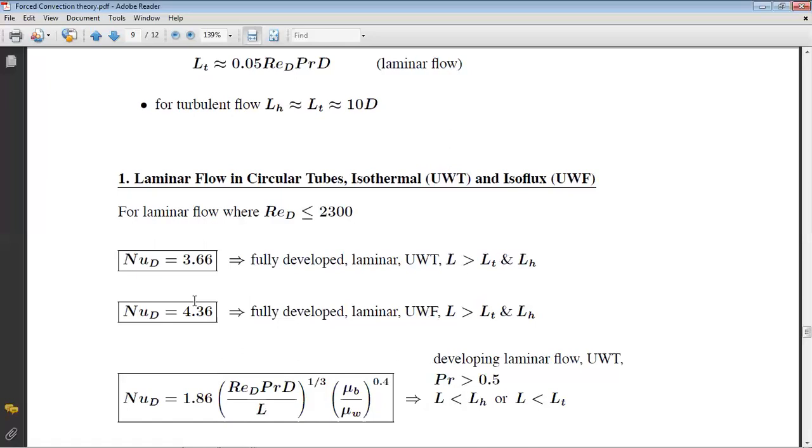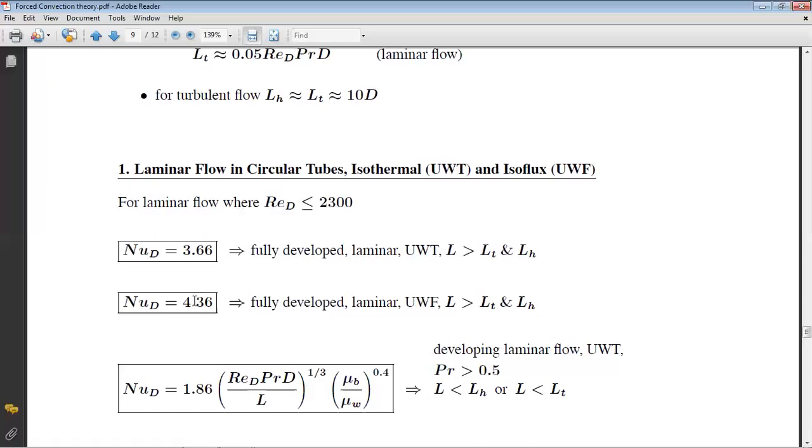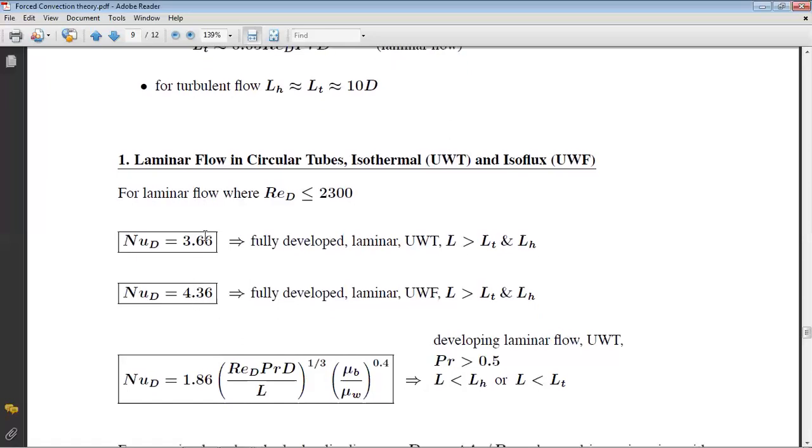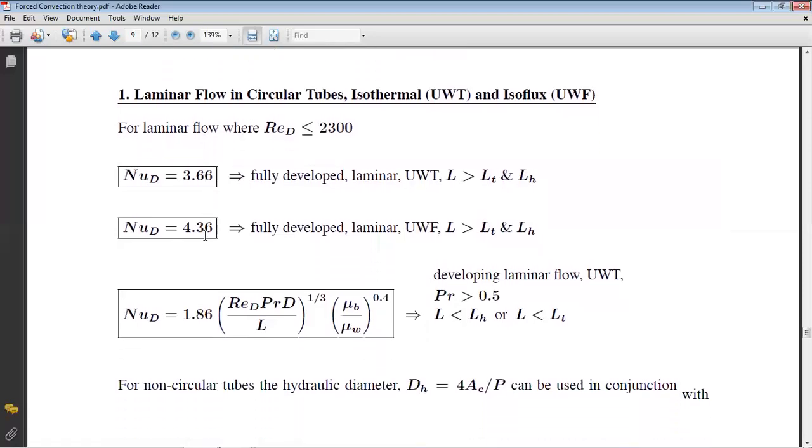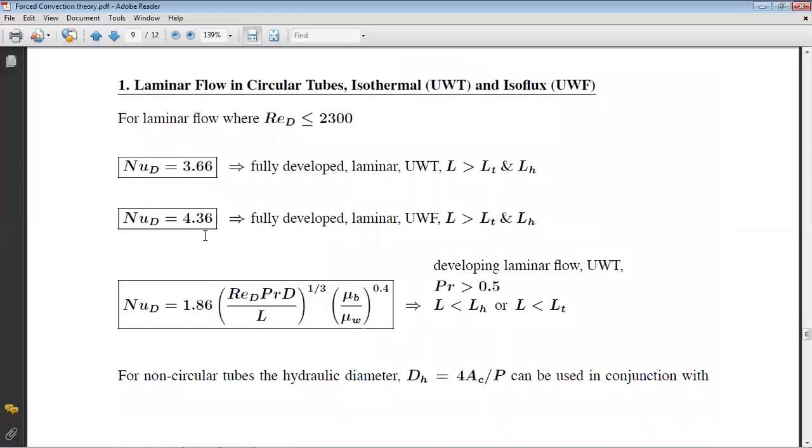In this way, the value of Nusselt number varies depending upon the profile, and these two values are for a circular profile or circular cross section. Similarly, you can have triangular, hexagonal and rectangular cross sections. For different cross sections, you will have different values of Nusselt number for uniform wall temperature as well as uniform heat flux.